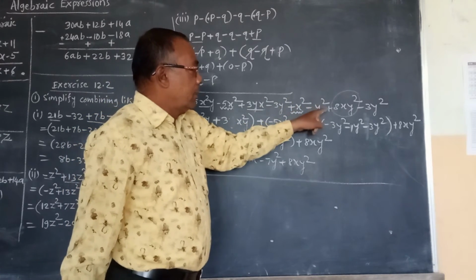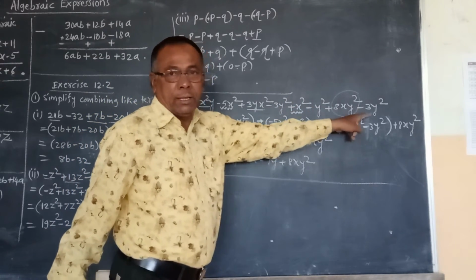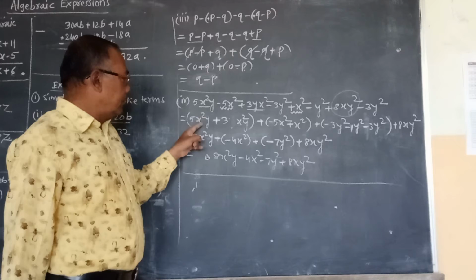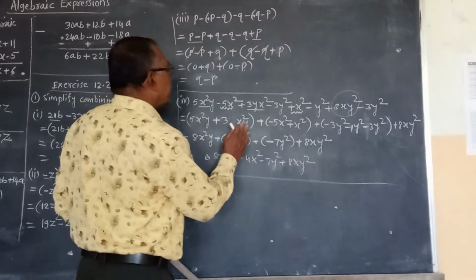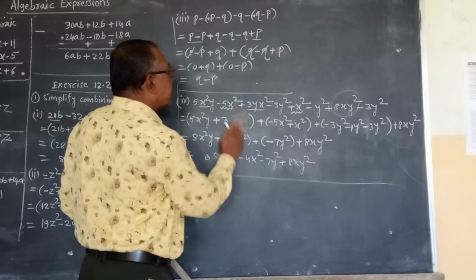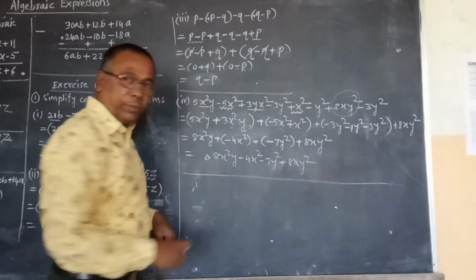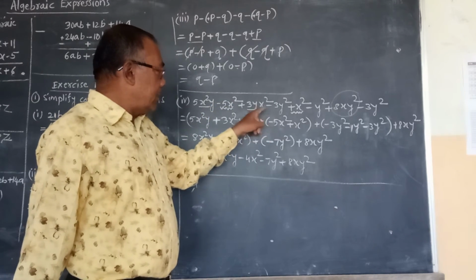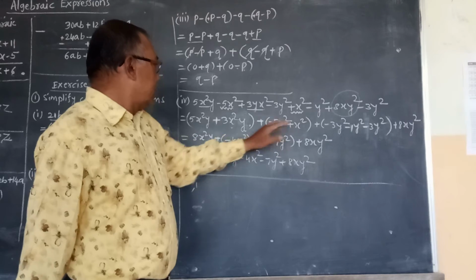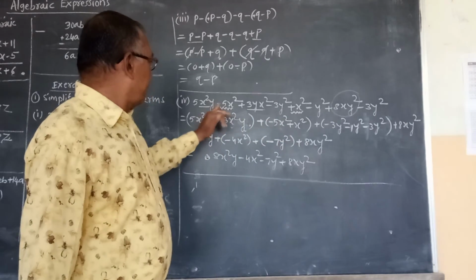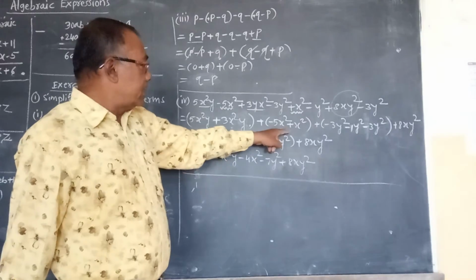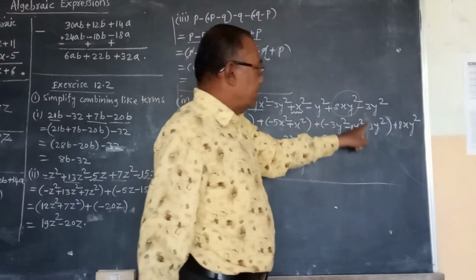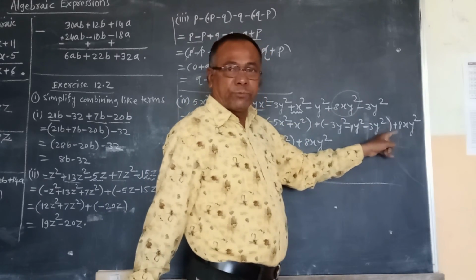Again we will combine the like terms, that is 5x square y, then plus 3yx square, which means x square y. We can write plus here minus 5x square and plus x square, these are like terms, plus here minus 3y square, minus y square, minus 3y square, and plus 8xy square at the last.